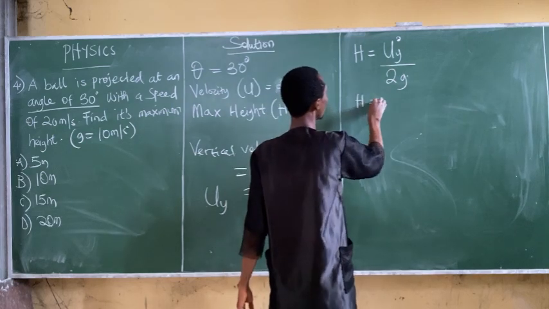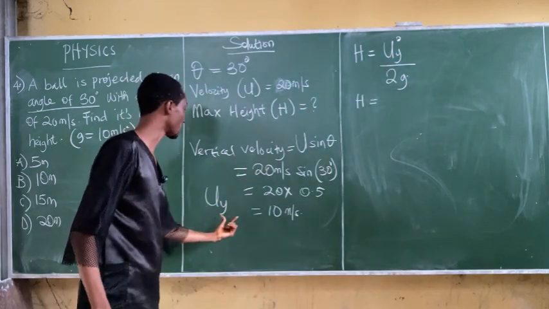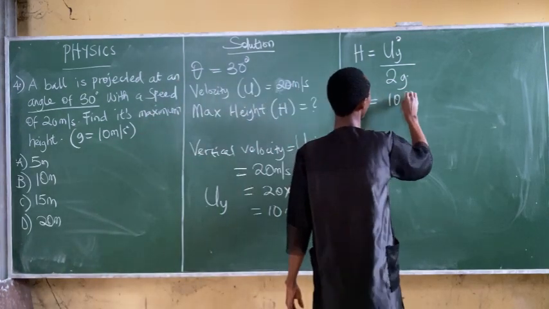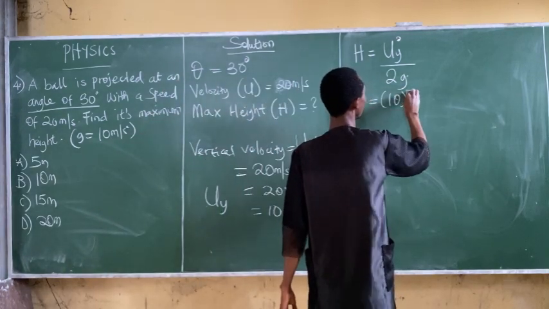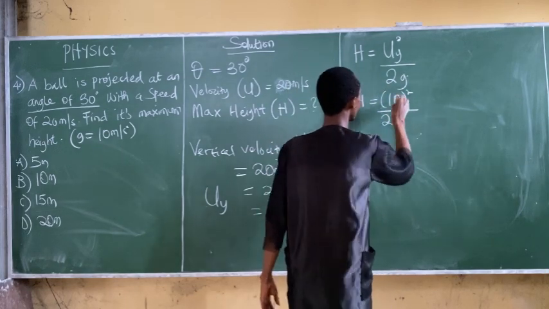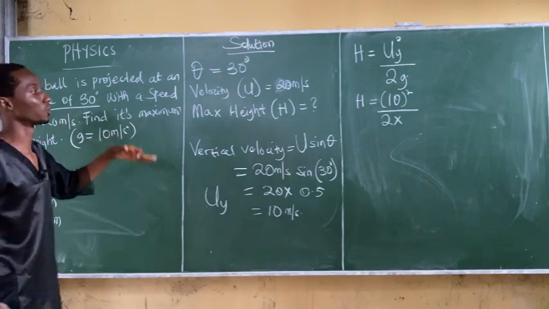We have the vertical velocity to be 10, squared, divided by 2g. Our g from the question is 10 meters per second squared.